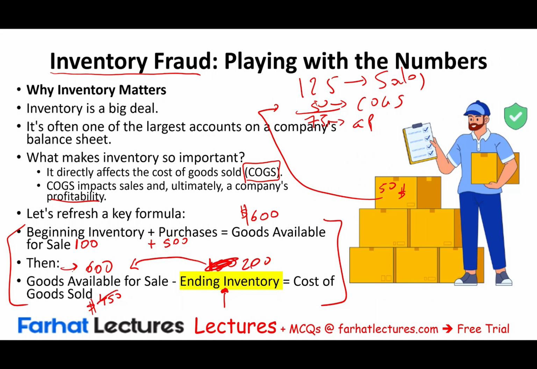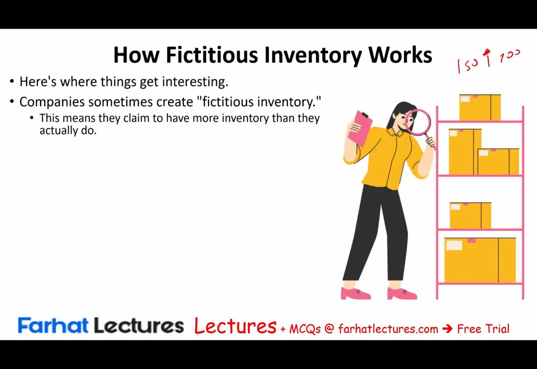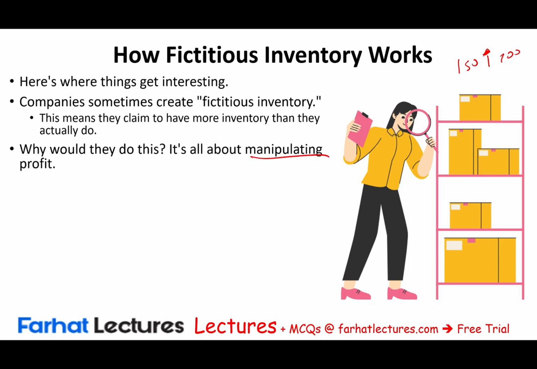Now we gave our cost of goods sold a discount of $50. So by increasing ending inventory by 50, you reduce cost of goods sold by 50. So this is where it gets interesting. If you claim more inventory, you can manipulate profit, and that's why ending inventory is important. It's a negative relationship. It's like a seesaw relationship.